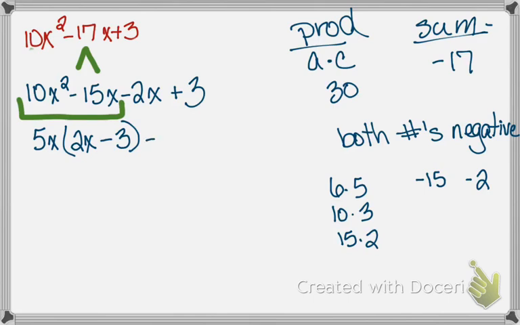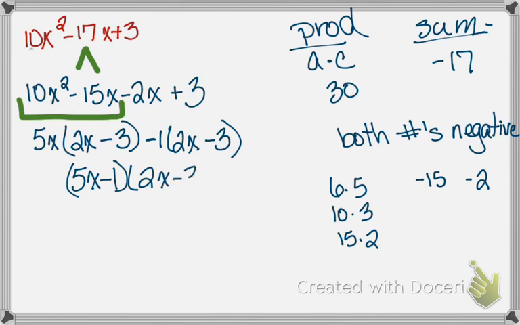So we're going to take our negative out with our second one. So I have negative 1 and positive 2x minus 3. So I have 5x minus 1 and 2x minus 3.